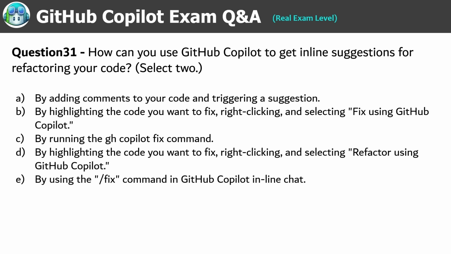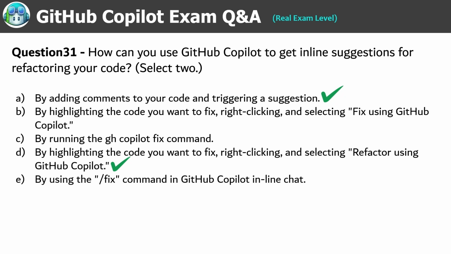So let's start. How can you use GitHub Copilot to get inline suggestions for refactoring your code? Select 2. This is a very important question. This was asked in the exam. So the answer is A and D. By adding comments to your code and triggering suggestions.